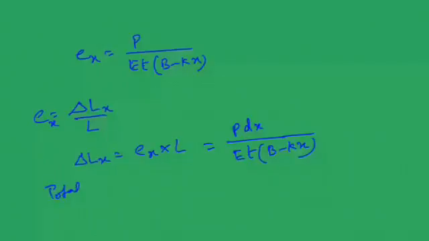What will be the total elongation then? As we have done in the last case of the circular, that is conical tapering section, just like that, even for this we have to take the integral now. The integral, with limits from 0 to L since that is the length, of del L x.